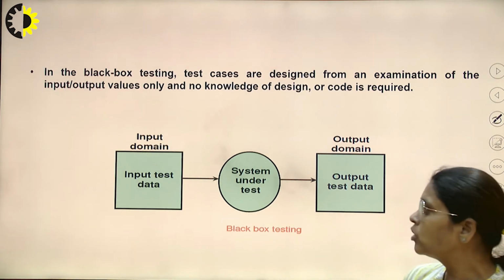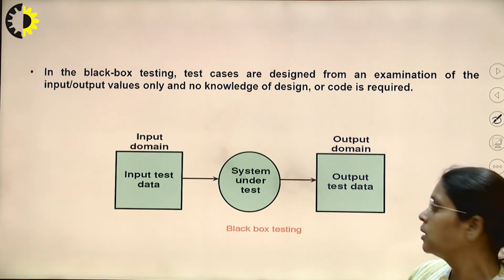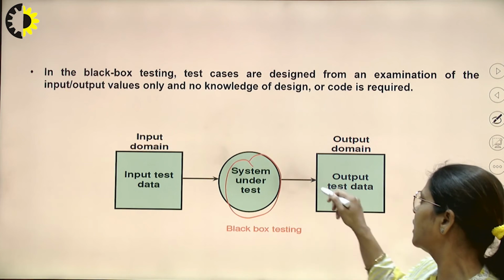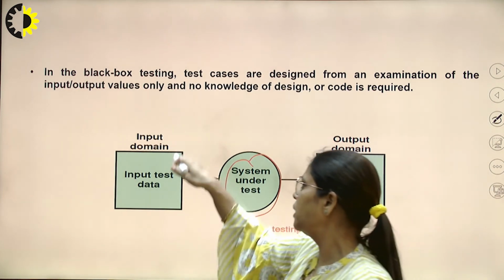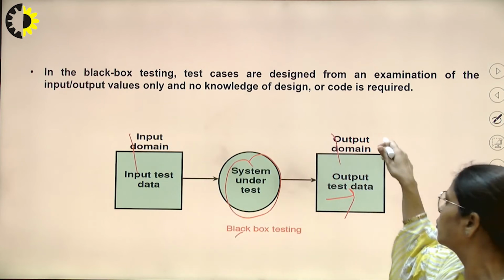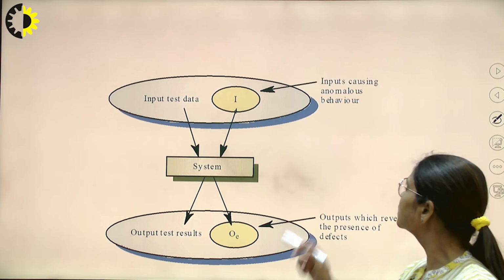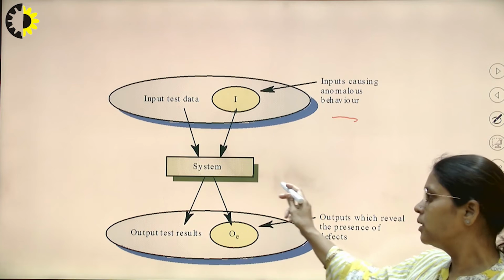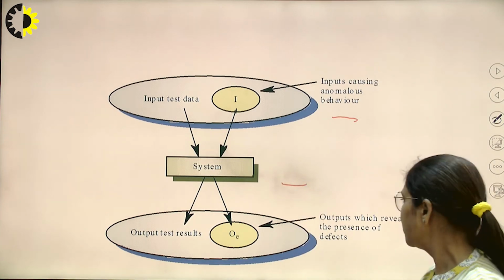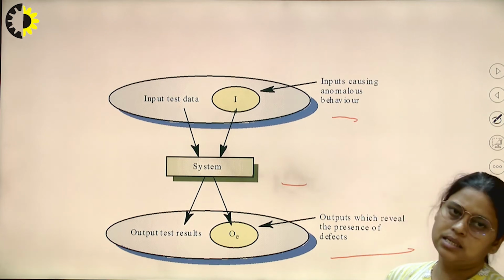In black box testing, we just put the input into the system. This is the system under test, and finally it gives some output. There is an input domain and an output domain. Input causes anomalies in the behavior of the system, and the output reveals the presence of defects in the system.